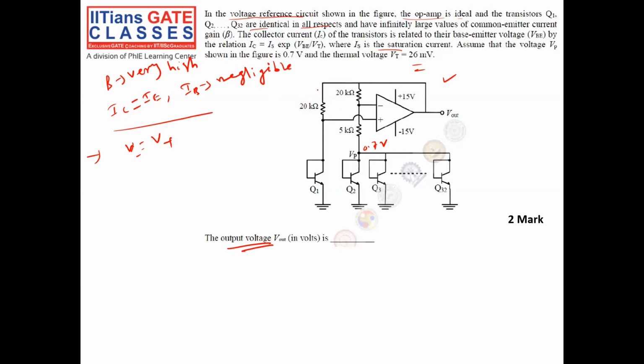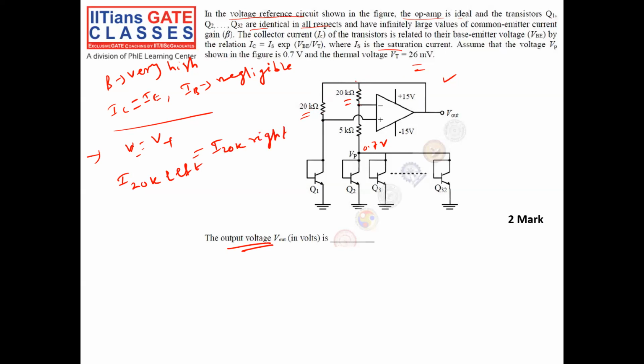Another thing is, since V negative is equal to V positive, and if you see the resistors 20K, both are connected to output, and the other end is V positive, another end is V negative. Since both are at the same potential because of virtual ground, the voltage across each 20K is the same. So I can say the current in the 20K on the left is equal to the current in the 20K on the right.